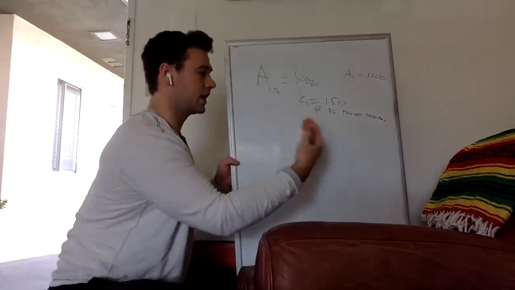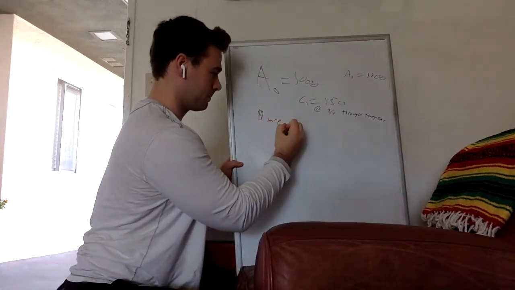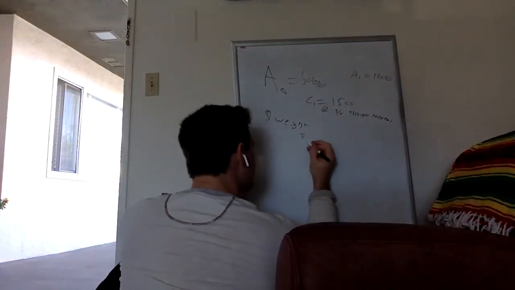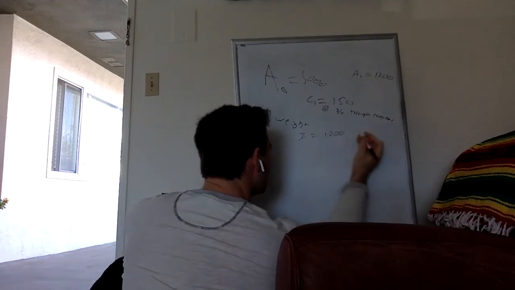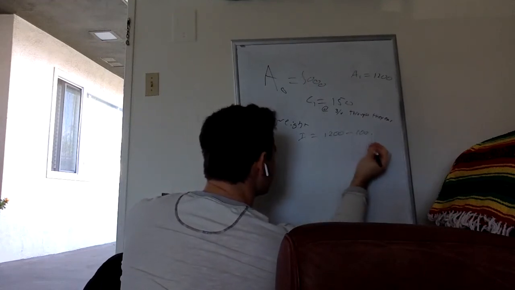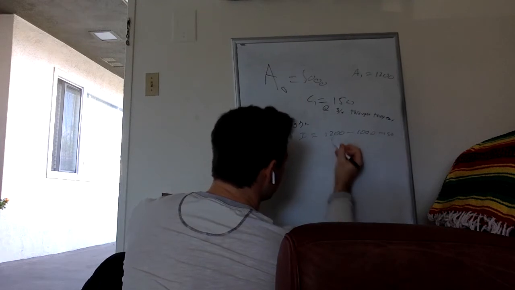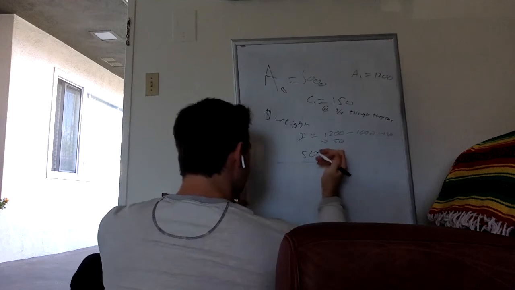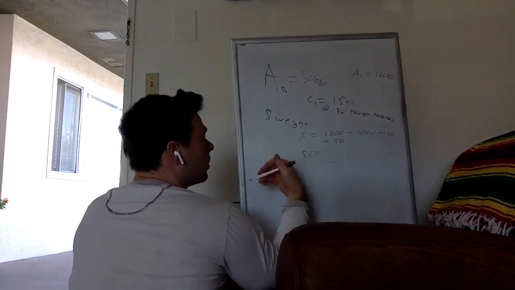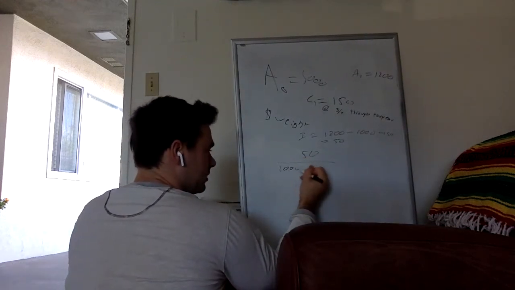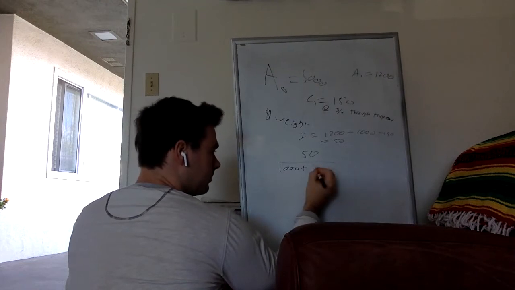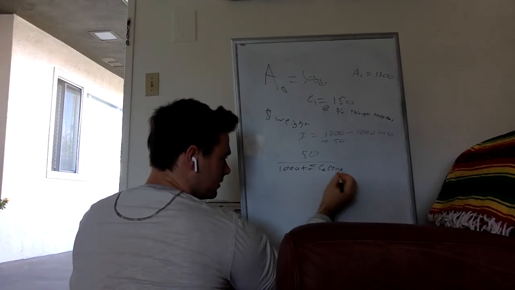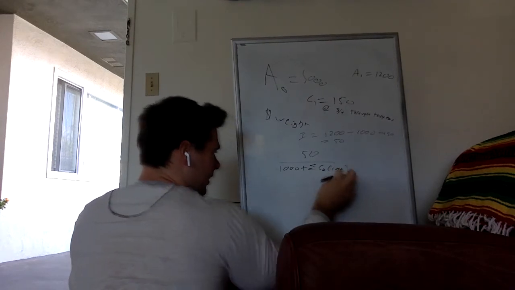So let's start with our dollar weighted return. We know our I is equal to 1,200 minus 1,000 minus 150, which is equal to 50. So we have 50 divided by our A0, which is 1,000, plus the sum of C_k times (1 minus t_k).